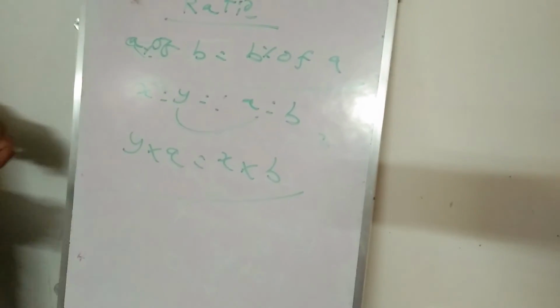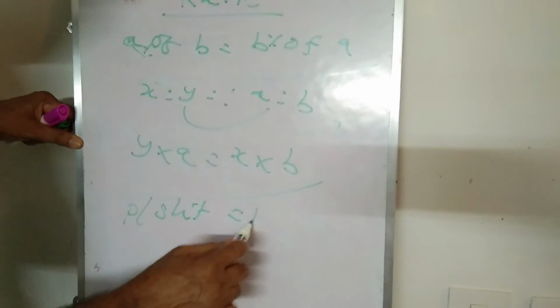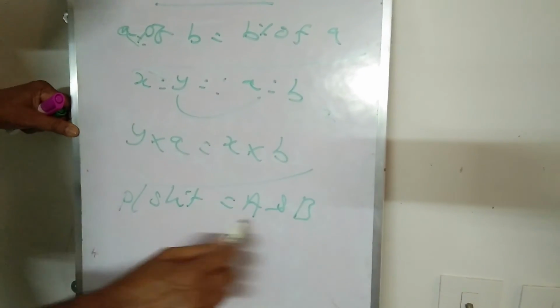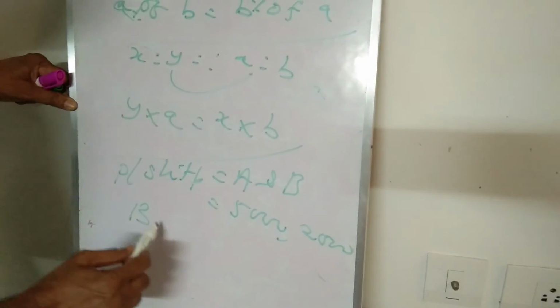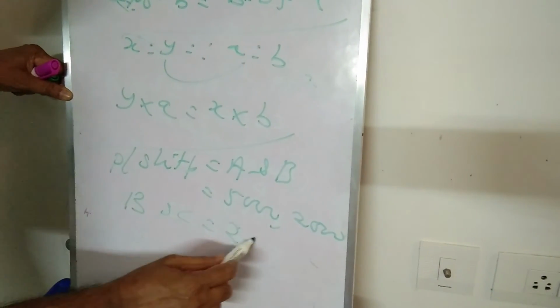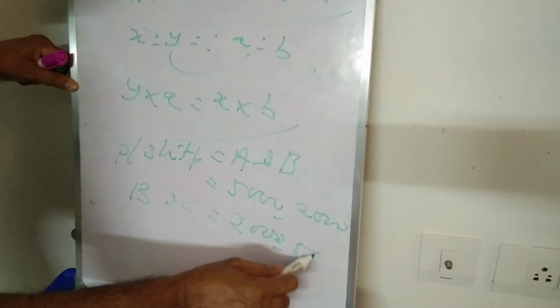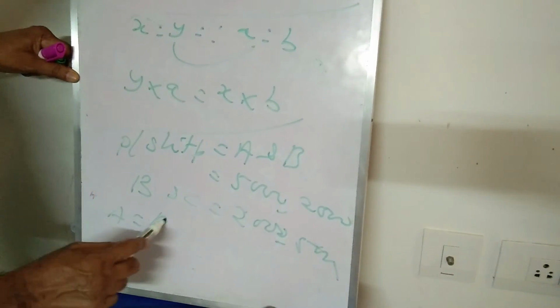Suppose in a partnership firm, A and B invested 5,000 and 2,000, and B and C invested 2,000 and 5,000. What is A is to B is to C? Like this they will ask.